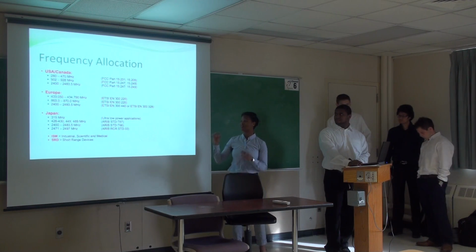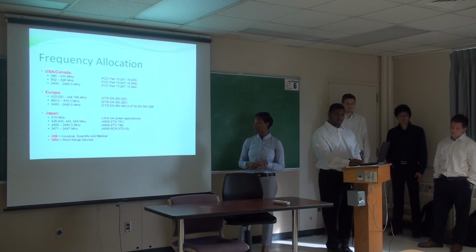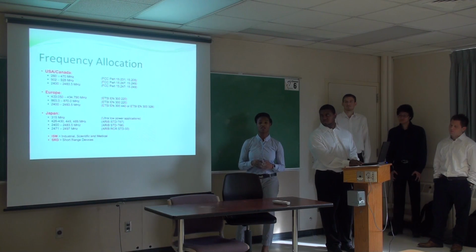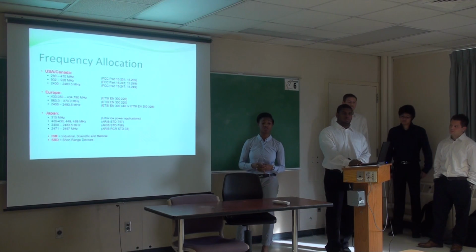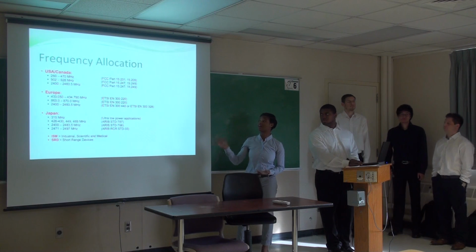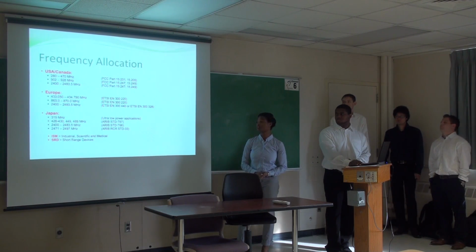They're all sectioned off. It's very particular because some portions are used for more than communication and are licensed. If you operate at a licensed frequency, you have to make sure that you don't interfere with those licensed ones, because these are unlicensed frequencies that anyone can use in all these different countries.